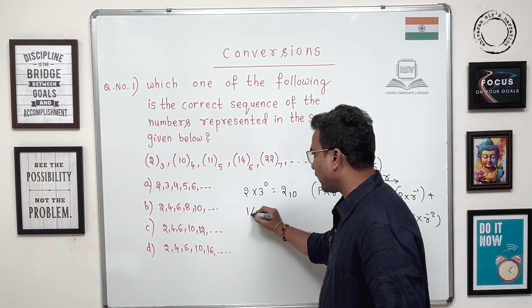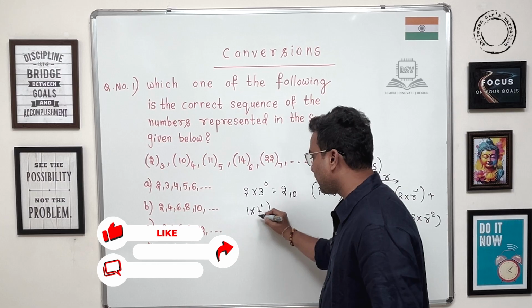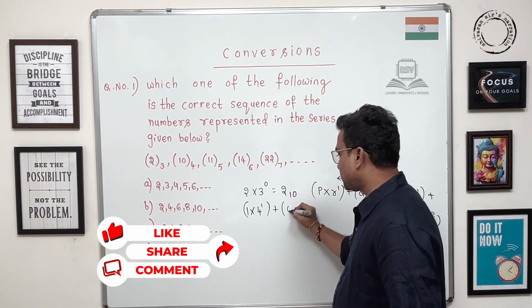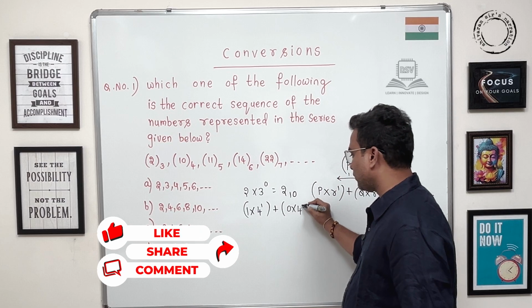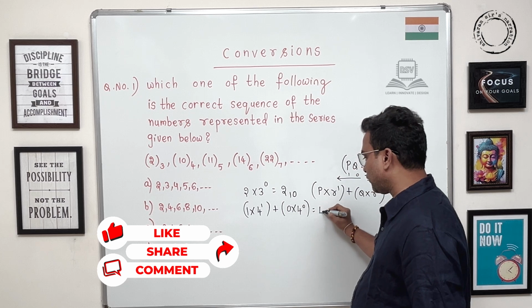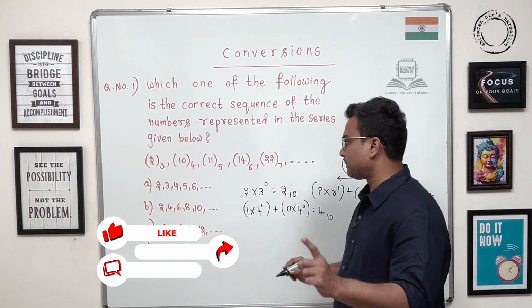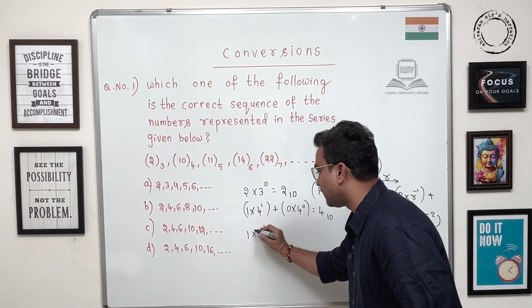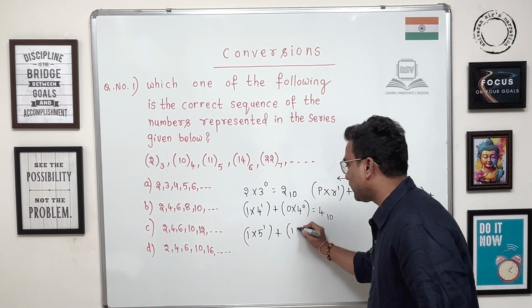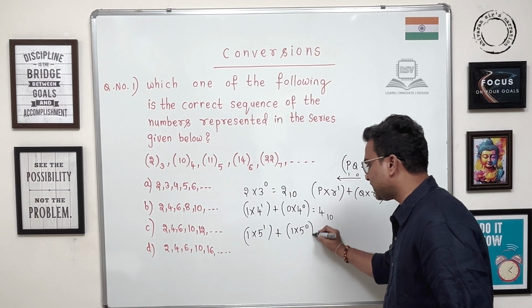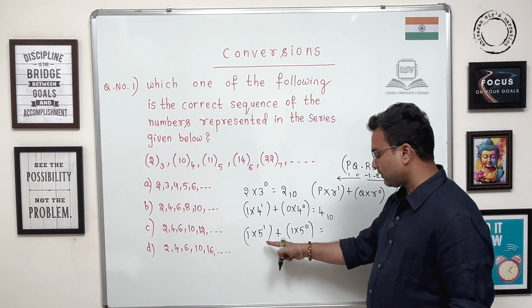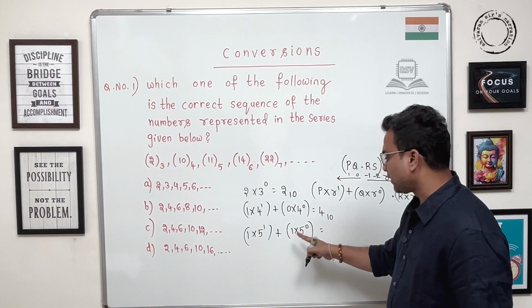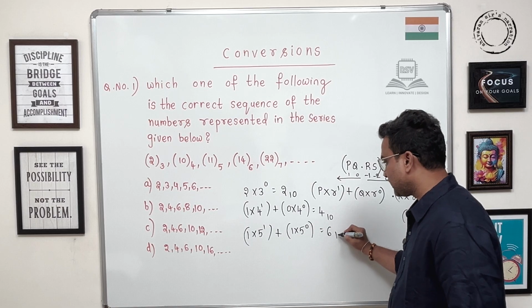So that is 1 into 4 power 1 plus 0 into 4 power 0. Now what is it? 4 only. Similarly, 1 1 means 1 into 5 power 1 plus 1 into 5 power 0. What is that, guys? 5. Anything power 0 is 1. So that it is 6.